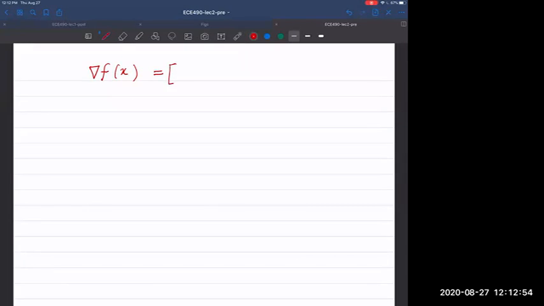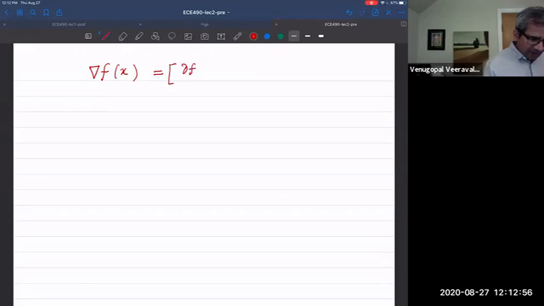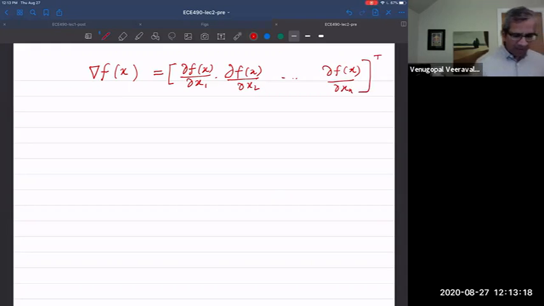Partial derivatives of f with respect to each of the components. So you put them all together into a vector. You can make it a column vector if you want.